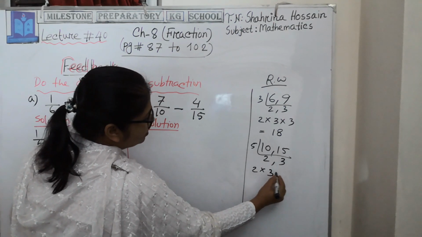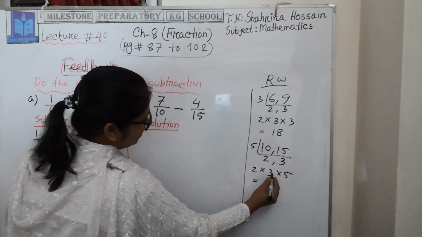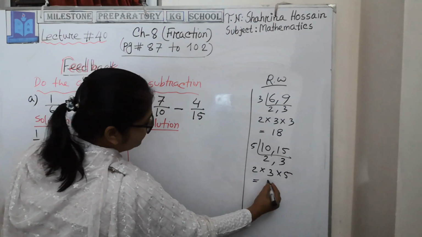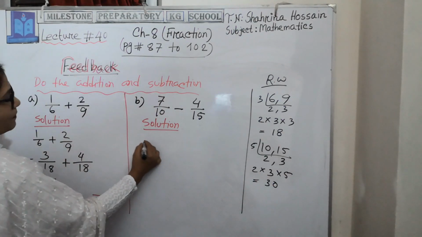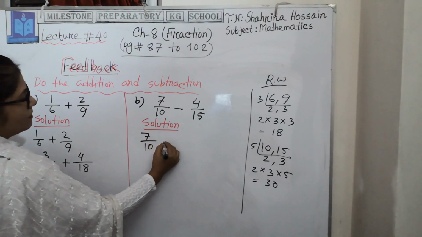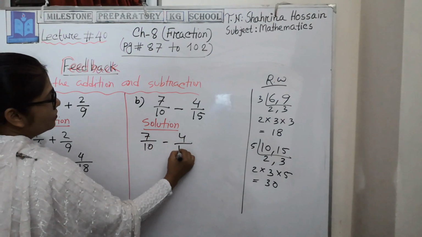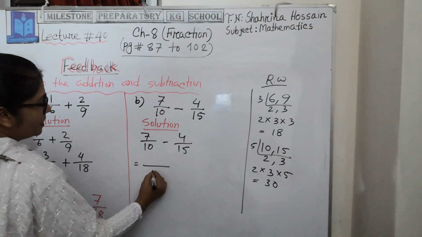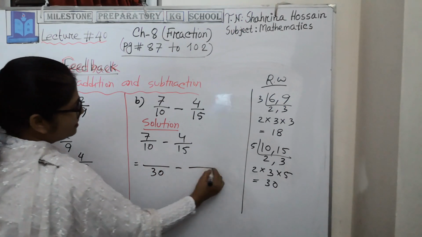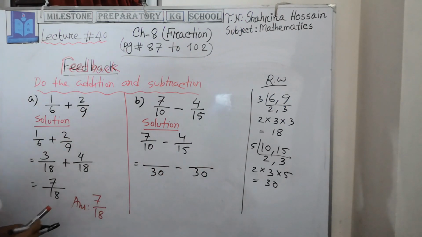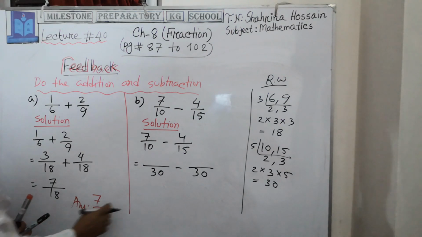So 2 into 3 into 5. That means 2 threes are 6, 6 fives are 30. We are getting the LCM, we already got the LCM 30.